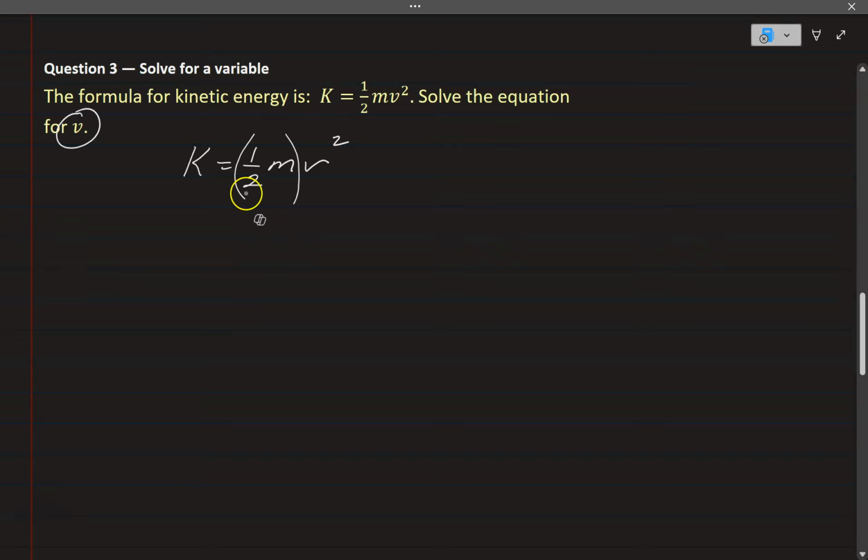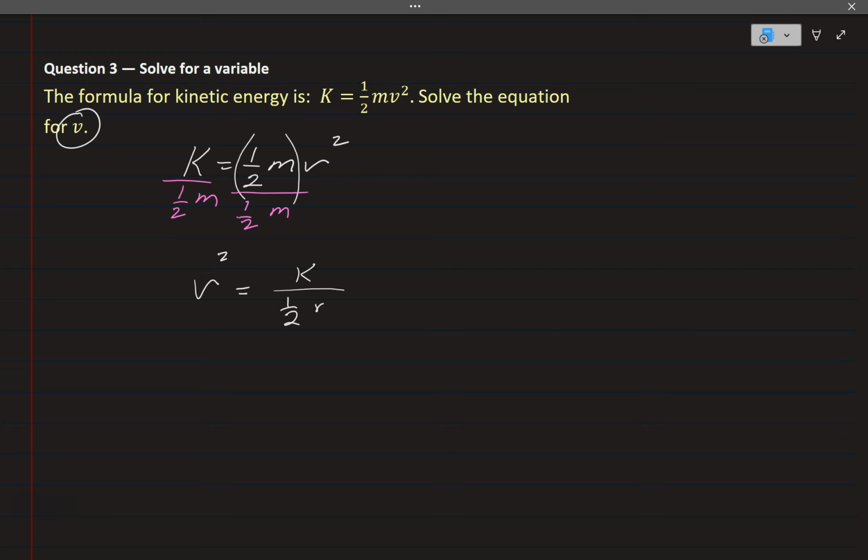So let's do that. Divide this by 1/2 m, divide the other side by 1/2 m, and what you will get is V squared equals k divided by 1/2 m. Now, this 2 in the bottom here is actually 0.5, but what you can do is multiply the 2 to the top, so this becomes 2k divided by m.